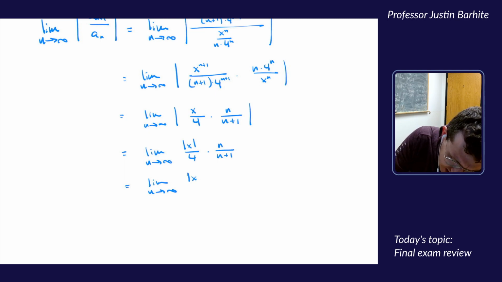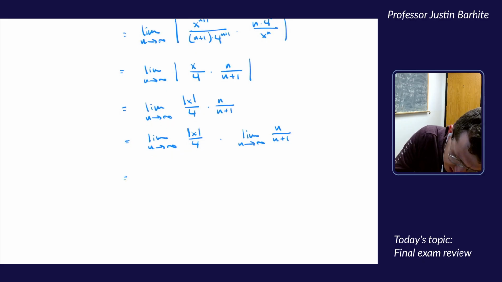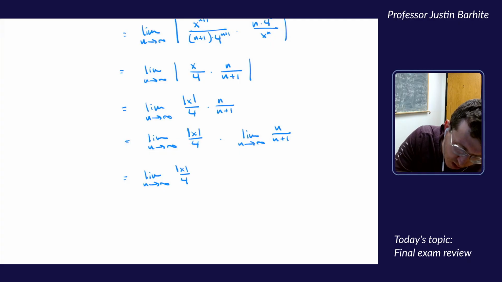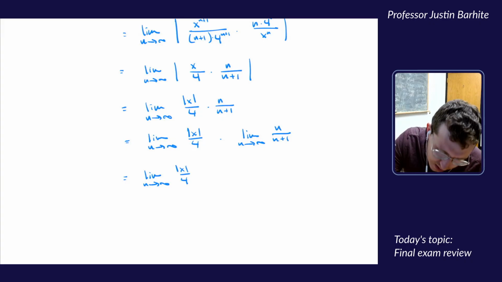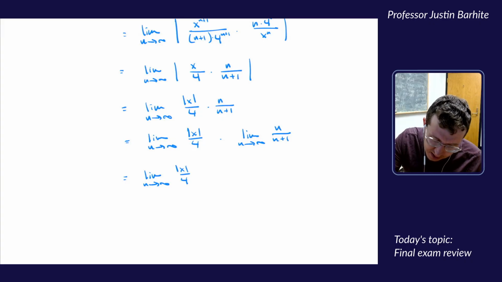And I guess I can split this up into two limits. And n over n plus 1, that's going to approach 1. Oh, and I guess I'm even overcomplicating this a little bit.